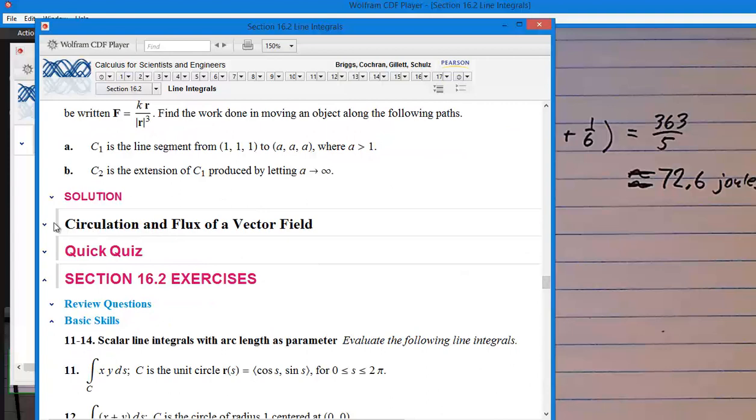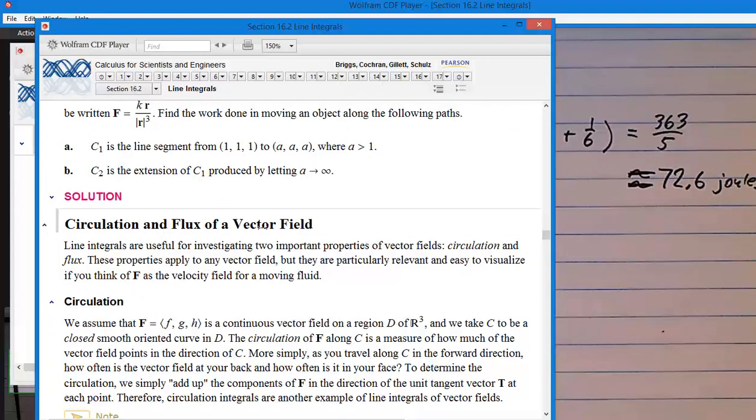Okay, but what I wanted to mention a little bit was the circulation and flux of a vector field. So circulation, we're talking about kind of movement in the direction of r prime. And then flux, we're talking about being orthogonal.